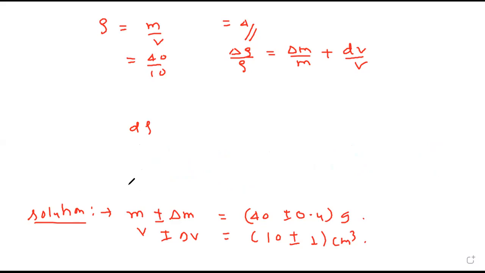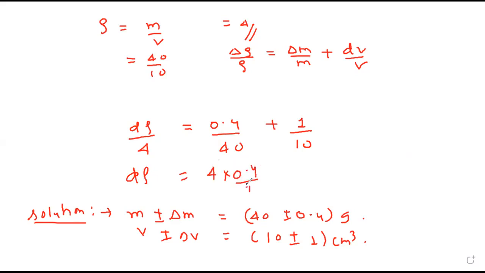Completed till that? D rho upon rho. Yes, sir. So D rho we want now further. Rho we got 4. Delta M 0.4. M 40. Delta V 1. And V is 10. So delta rho. This is 0.4. If you want, you can multiply 4 upside. So first term also 4 is multiplied.